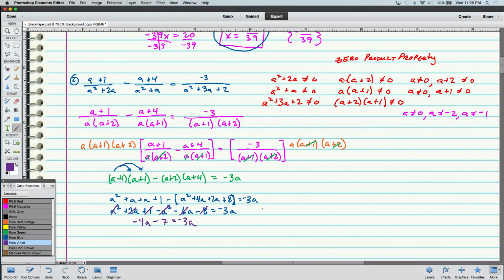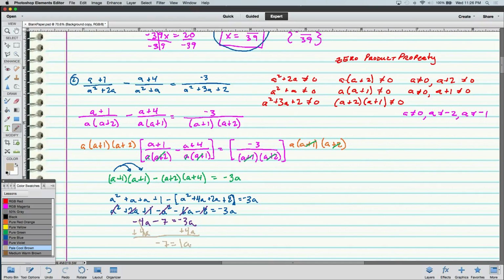Step number 5, collect all the variables to one side, everything else to the other side. So we're going to move this 4a since the a's are already by themselves over here. Let's just move this one. But it doesn't really matter which one you do as long as you get the variables to one side. Those are going to cancel. We're left with negative 7 equals 1a.